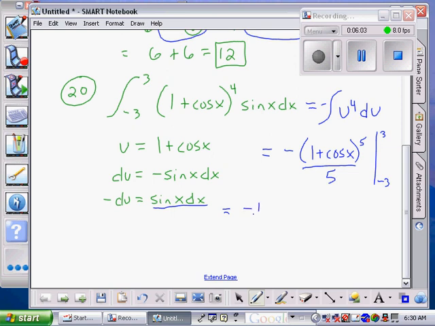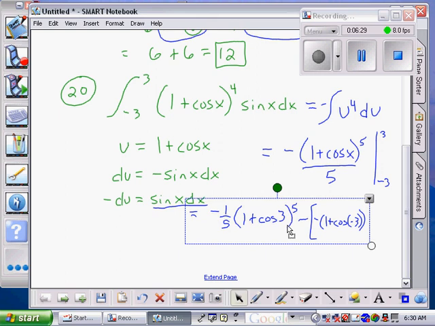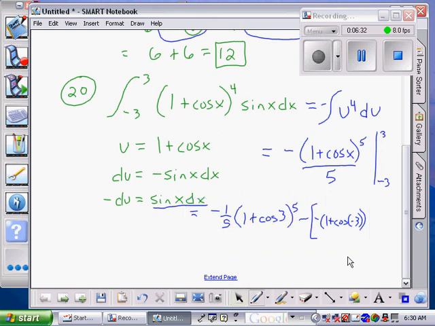I'll make it negative 1/5 times 1 plus the cosine of 3, make sure you're in radian mode, to the fifth, and then we're going to subtract, in brackets, negative 1/5 times 1 plus the cosine of negative 3, to the fifth.